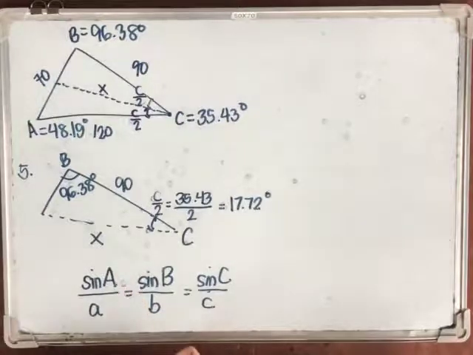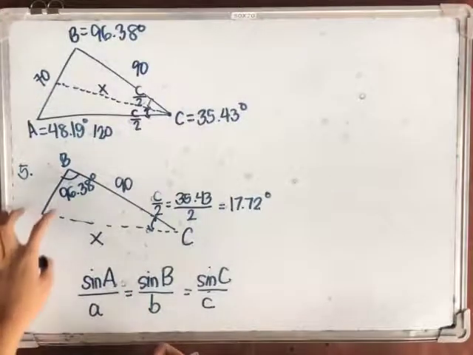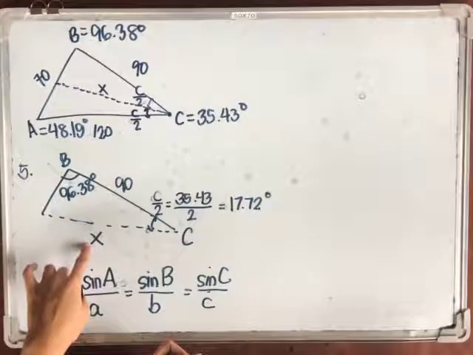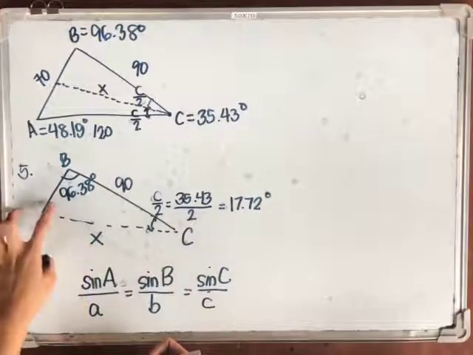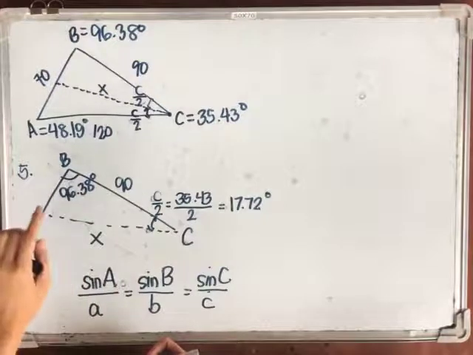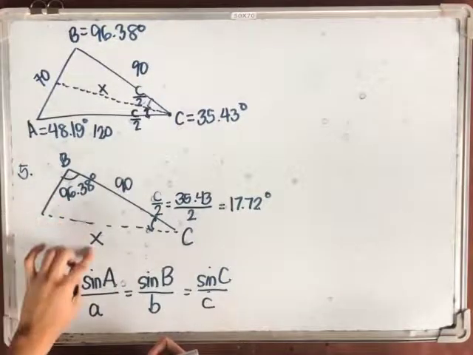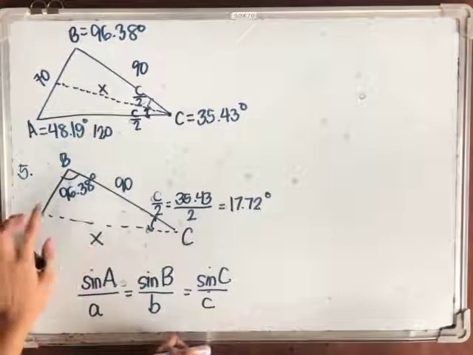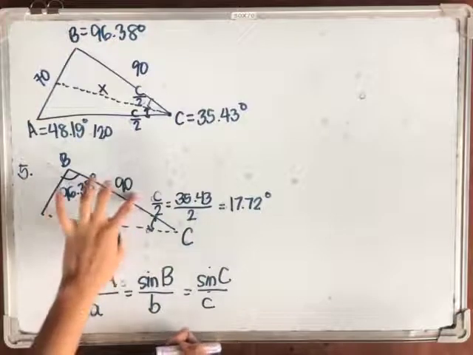And we can apply it here kasi dalawa ang meron tayo. So, the sine of this angle over this should be equal to the sine of this angle over this one.